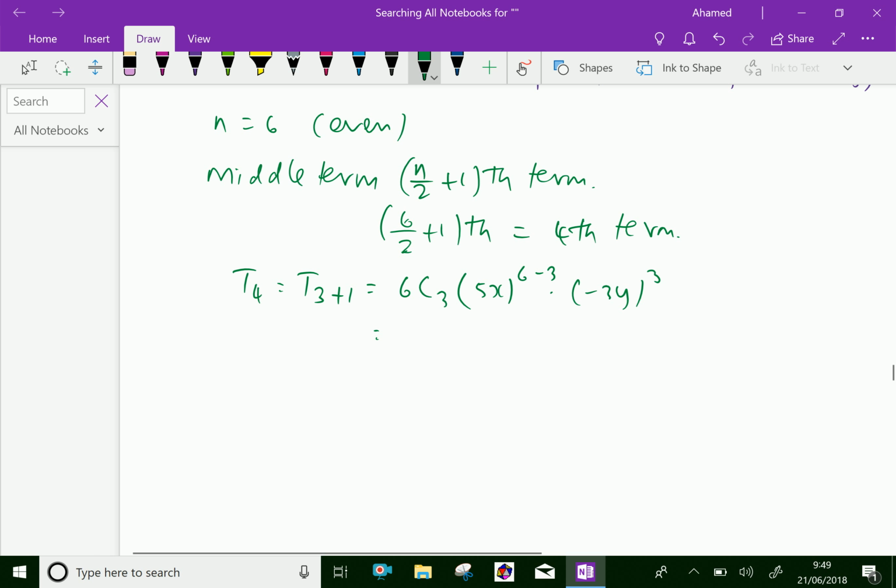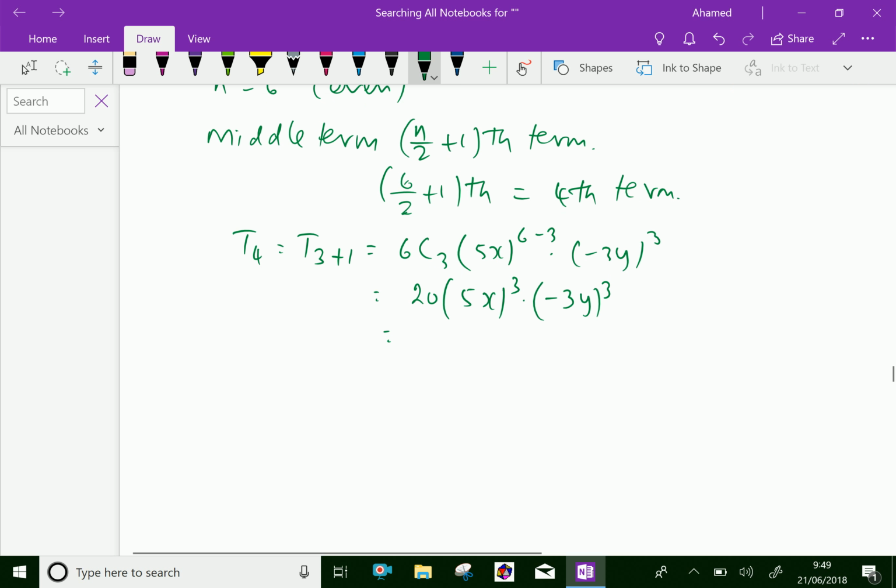Here we will calculate 6C3 first. 6C3 equals 20, into (5x) power 3 into (minus 3y) power 3.